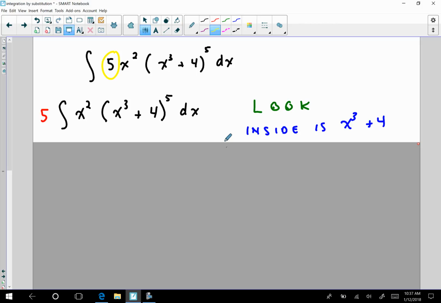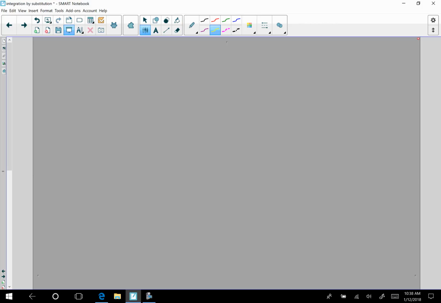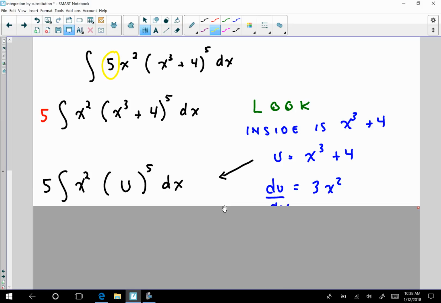I'm going to let the inside be u, x cubed plus 4, and I'm going to take that u x cubed plus 4 and put it into my integrand.